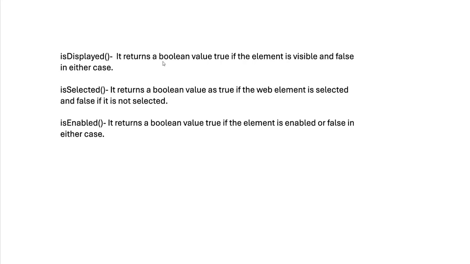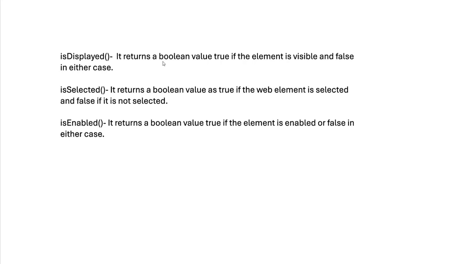In that case, we can use this isSelected method on the radio buttons and the checkboxes. Here as well, it returns a Boolean value. If it is selected, then it returns true. If it is not selected, then it returns false. So by that, we will get to know whether the particular element, radio button or checkbox is selected or not. Same way, we have isEnabled.